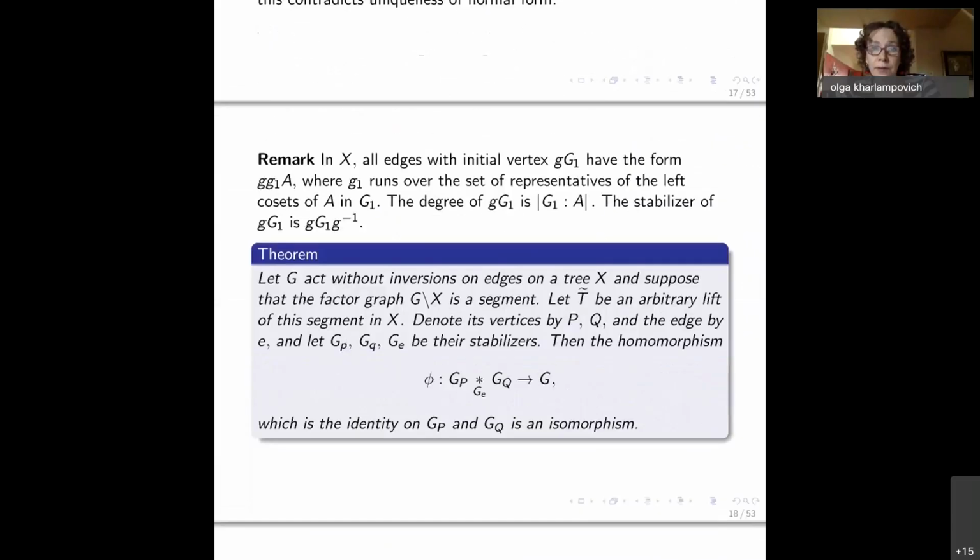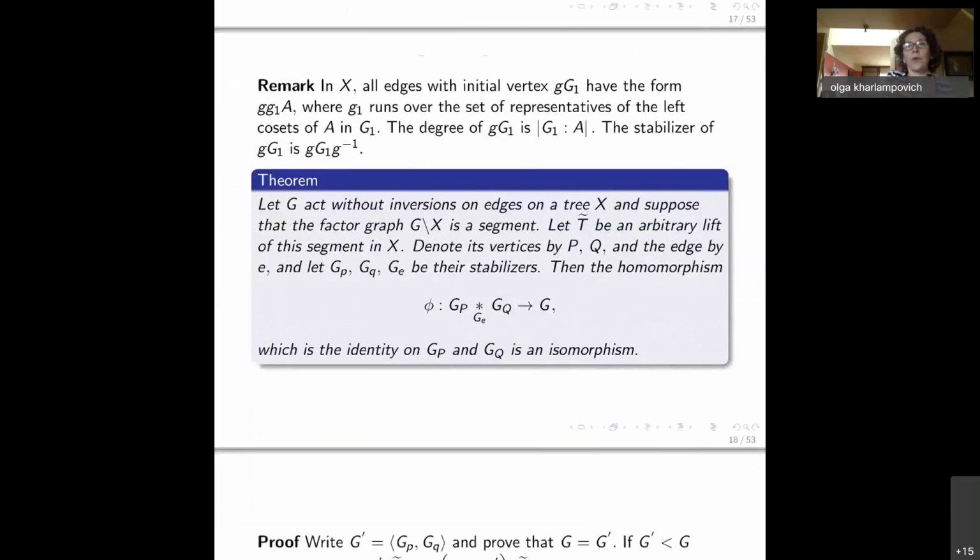And then the result in the other direction: if the group acts without inversions on edges on the tree, and suppose that the factor graph, so the graph of orbits, is a segment, then this group is isomorphic to the amalgamated product.